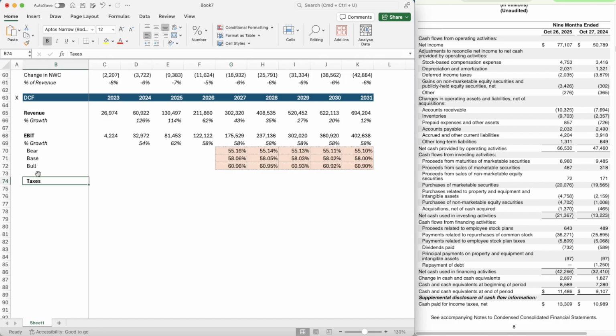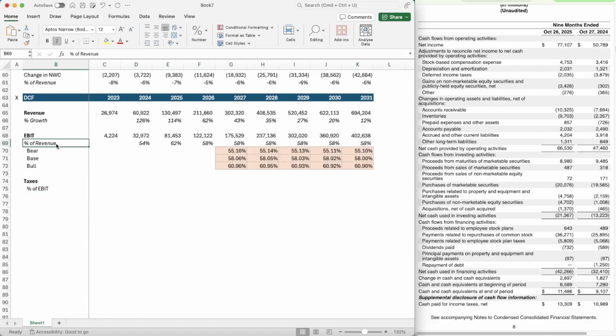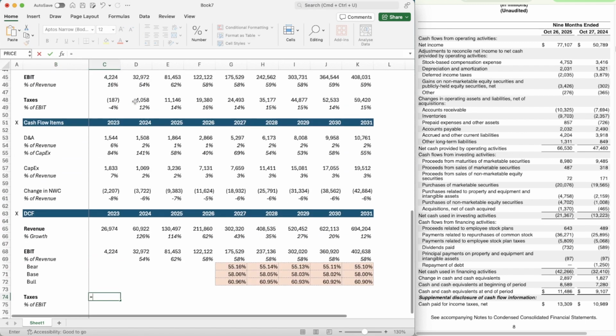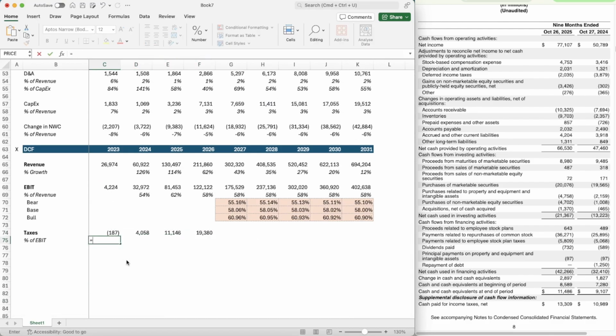Taxes, we do the same. Equal. Pull this up to 2026 and calculate the margin, so the tax rate.